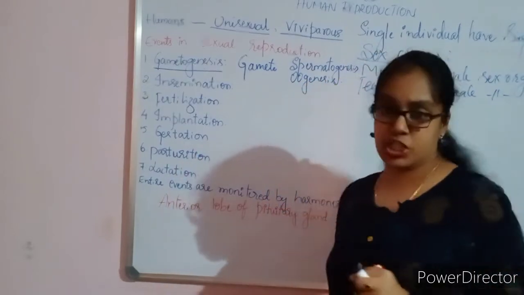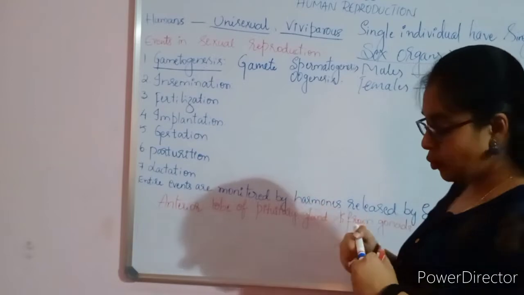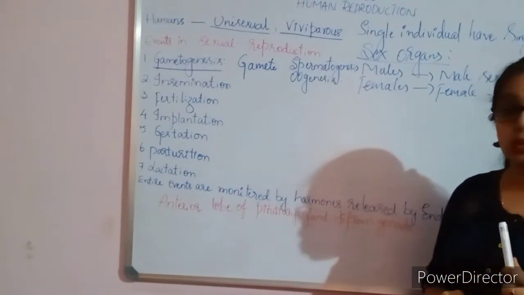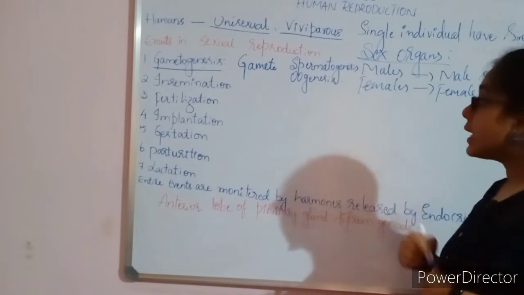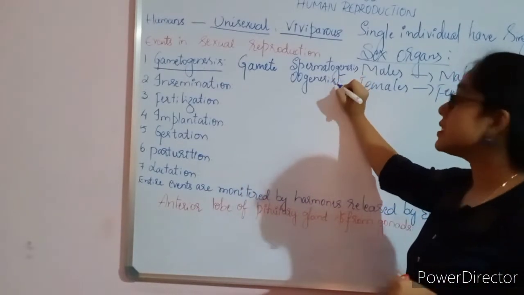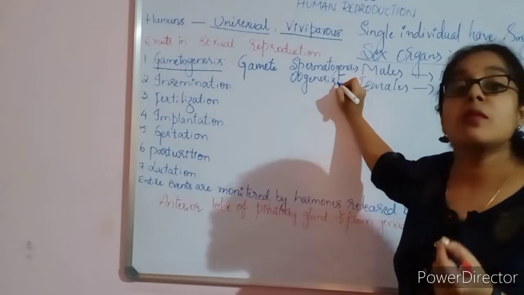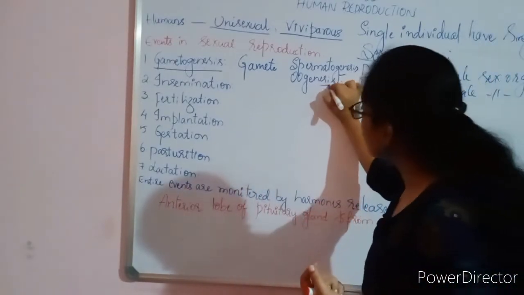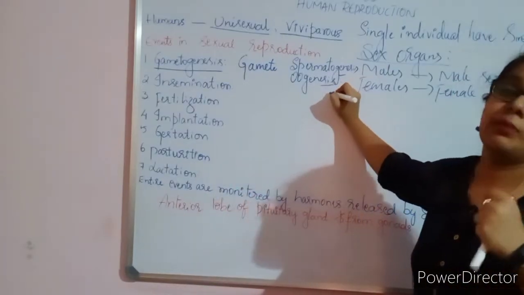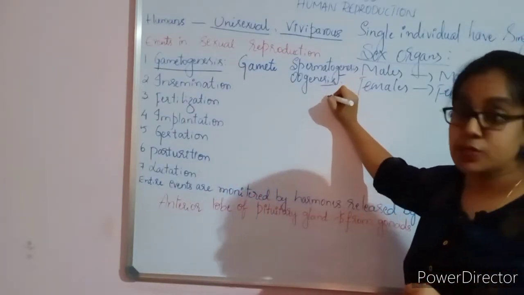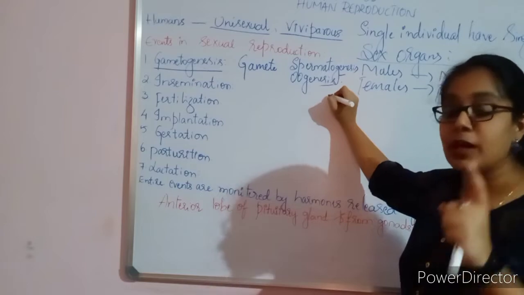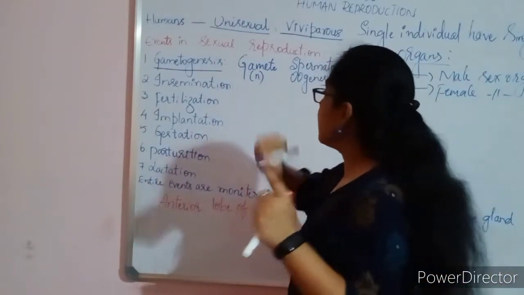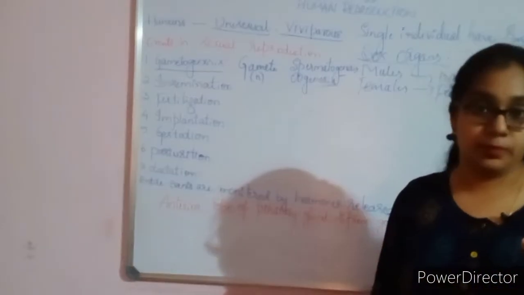What is the difference between spermatogenesis and oogenesis? In case of spermatogenesis, sperm cells will be released. In case of oogenesis, egg cell will be released. Understood? Also keep one thing in your mind, that gametes are always haploid in nature.